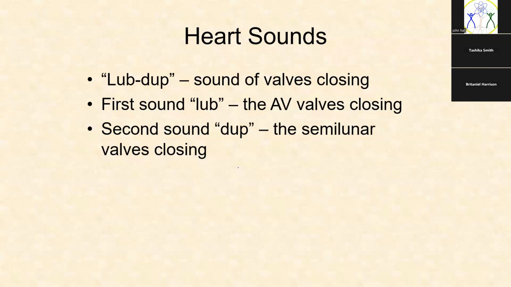Okay? So the slamming shut of those two valves, we call those the semilunar valves. Remember, please. So the pulmonary valve is a semilunar valve. The aortic valve is a semilunar valve. So blood hitting the semilunar valves gives us the dop sound, which is the second sound, okay?